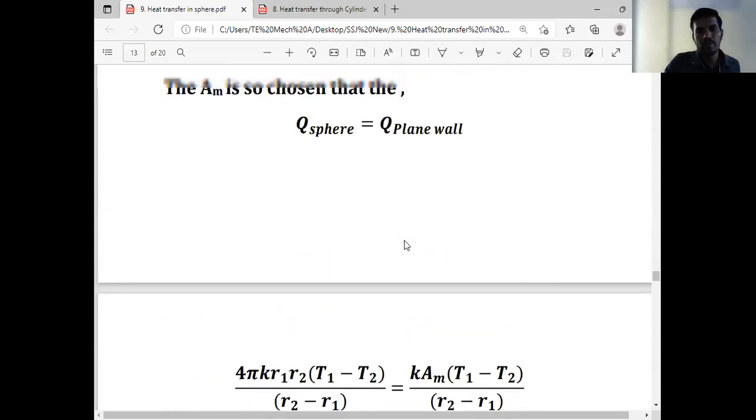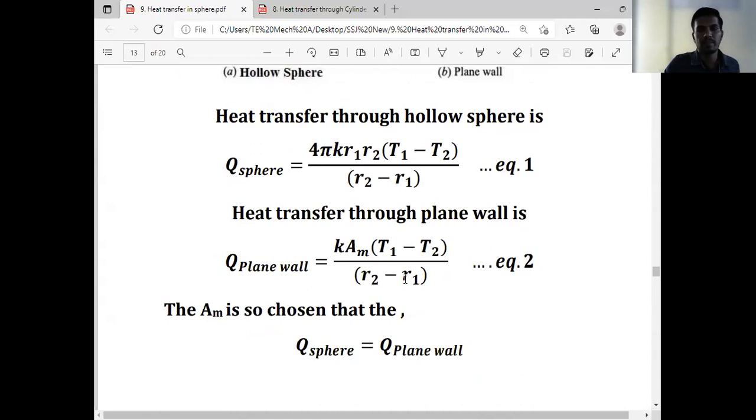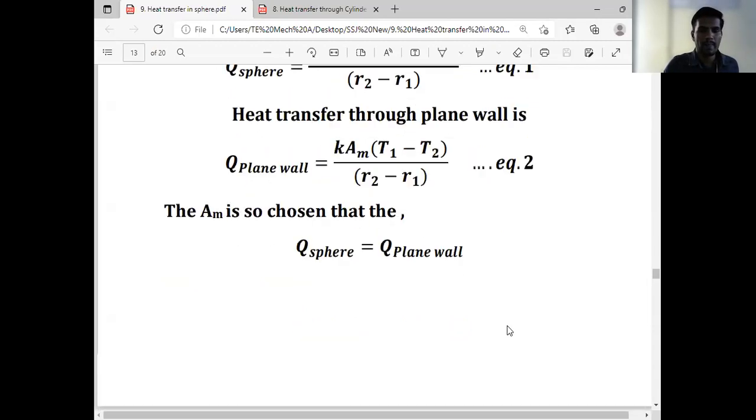Equate Q sphere is equal to Q plane wall. Did everyone write it? Everyone wrote equation 1 and equation 2. Or is anyone remaining? Write down the Q sphere equation, and the Q plane wall equation. We have to equate the two equations because the heat transfer rate is the same.